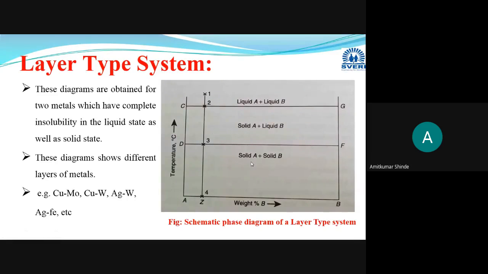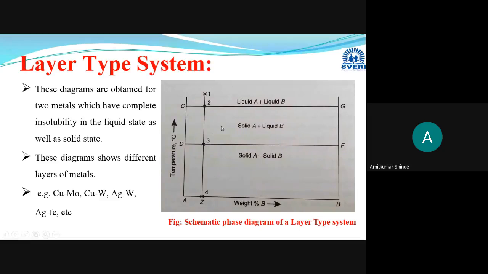Two morphologies will be present, or two metals having different appearance, and that structure will be present in layer form depending on their densities. Denser metal will be at the bottom, and they will form the layer type structure. That's why this system is termed the layer type system. Okay, so this is the explanation for this layer type system.